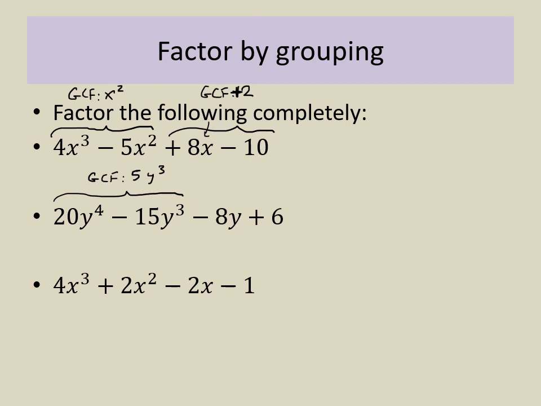Okay, so if I factor out the GCF from these two terms, please pay attention because this one's tricky. I'm going to get 4y minus 3. Okay, so far so good. Here is the second group.